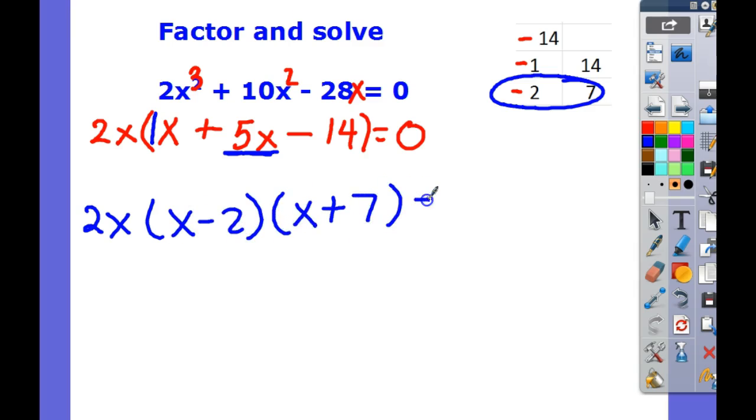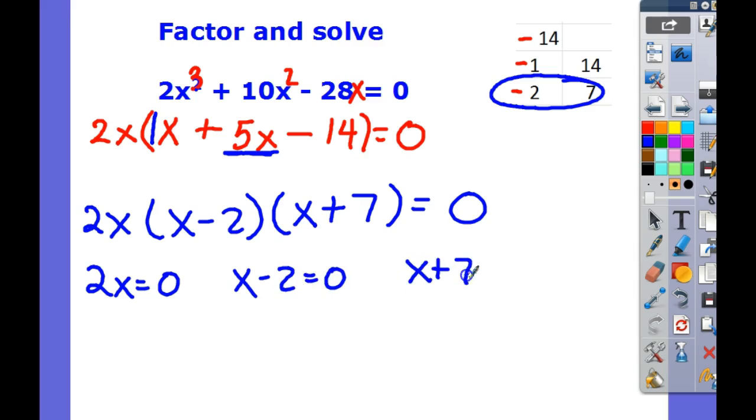Now, this equation was not quadratic because what power is that? So there should be 3 answers, and either the first term equals 0, or the second term equals 0, or the last term equals 0.